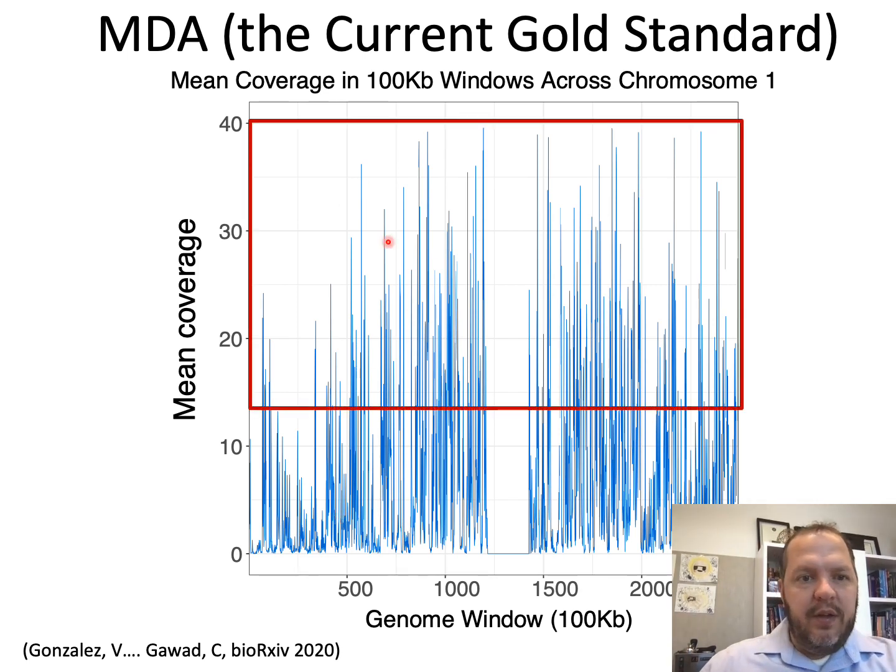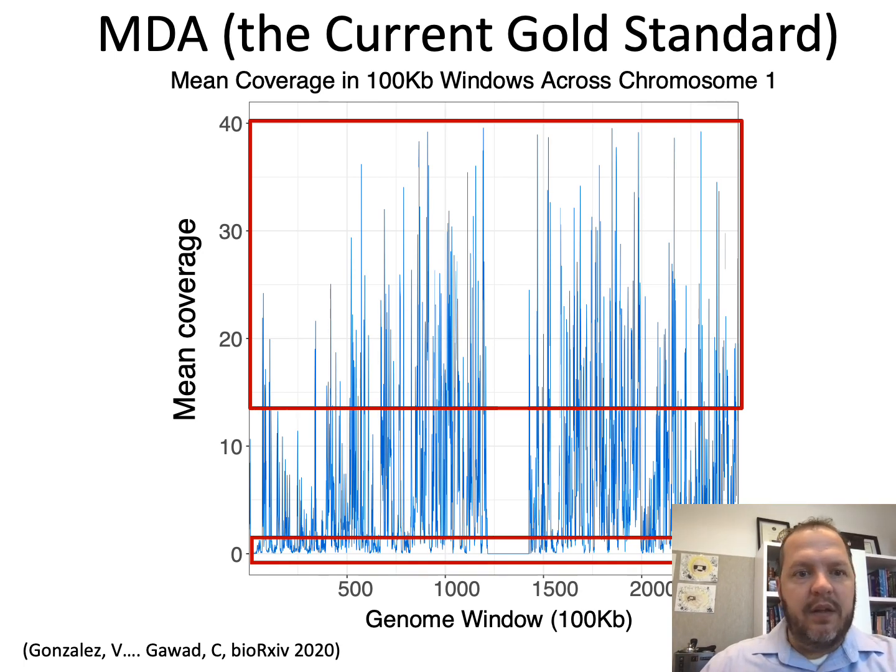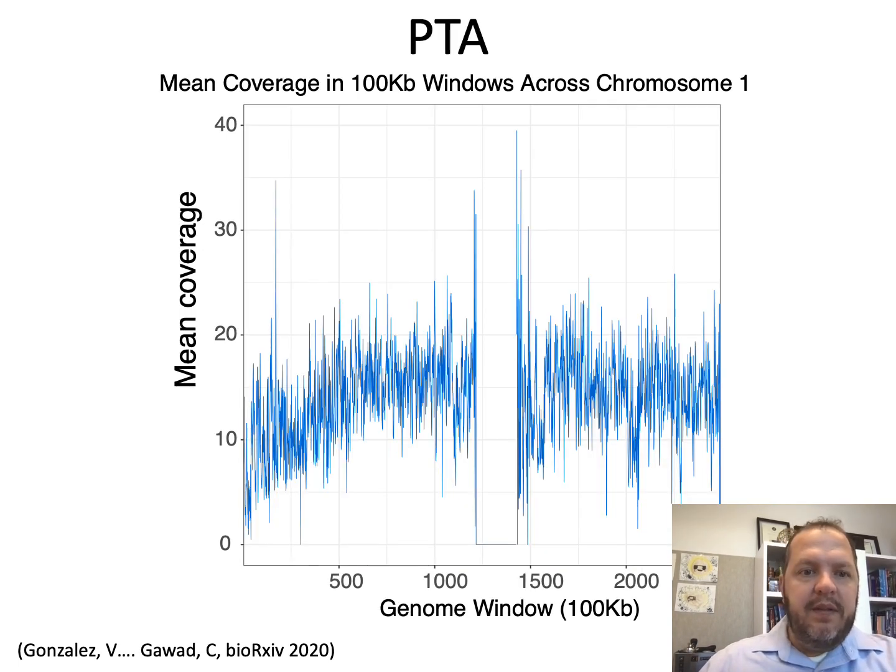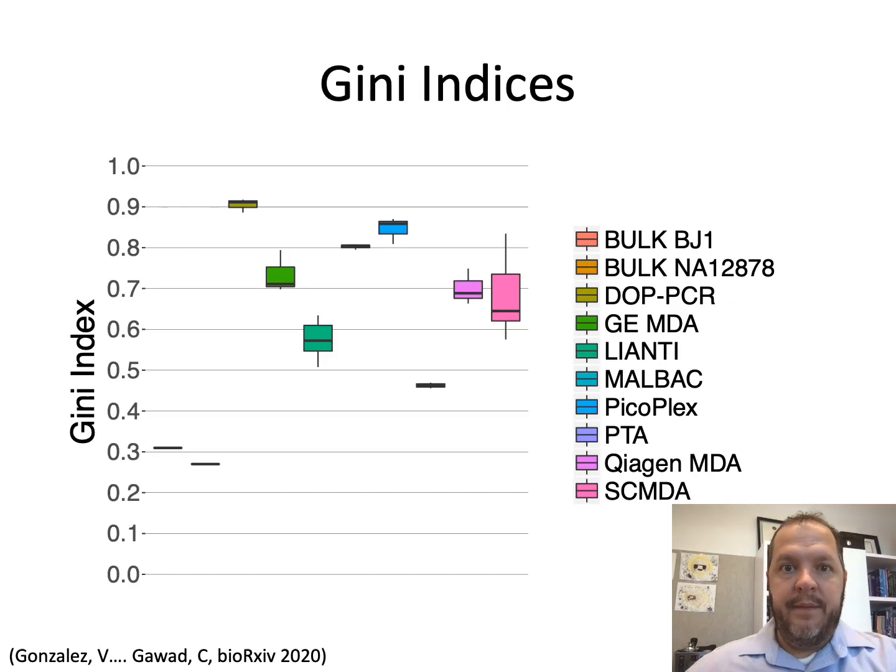And so again, when you go to sequence, you sequence a lot of this and very little of the areas that are covered not so much. With PTA, with the same bins walking across chromosome 1, we see that the centromere isn't covered so well, but we see much more even amplification, and we don't see those drops to 0 that we see with MDA.